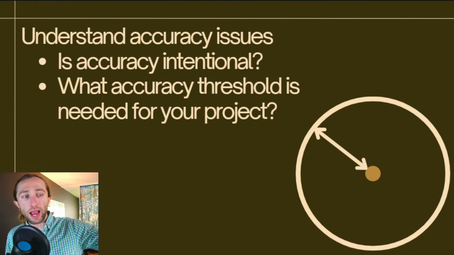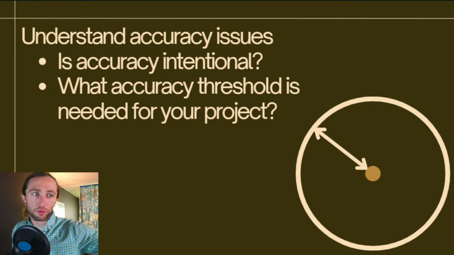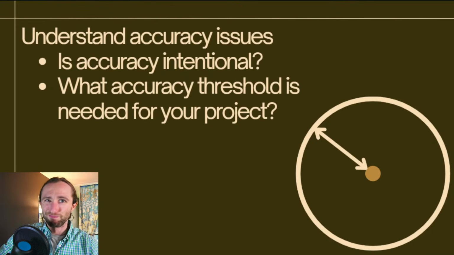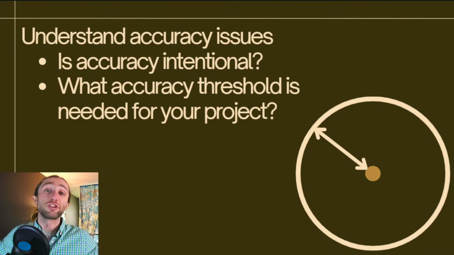But then also ask yourself, what accuracy threshold is needed for your project? We kind of touched upon this. If you need very fine-scaled accuracy, then that's your accuracy threshold. But if you're just looking at the images, right, and the exact location isn't necessarily relevant, you may have a much higher accuracy threshold that you can utilize.